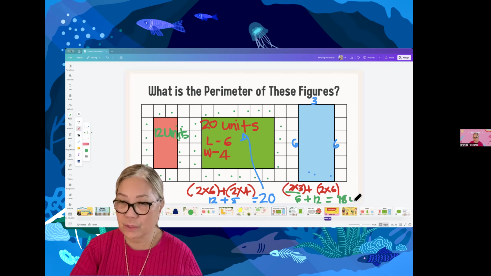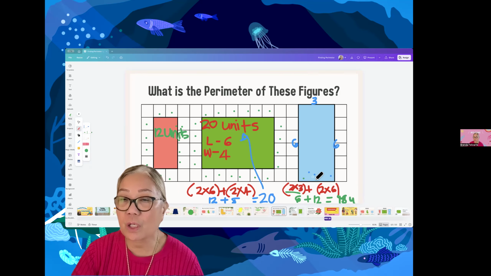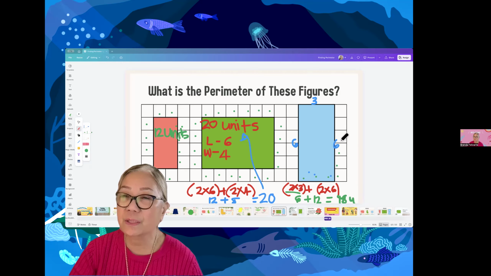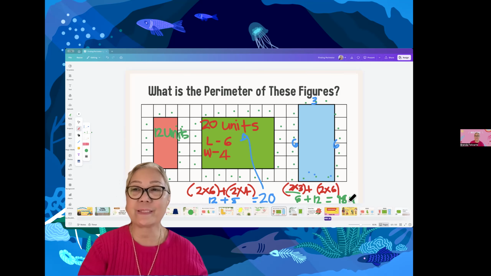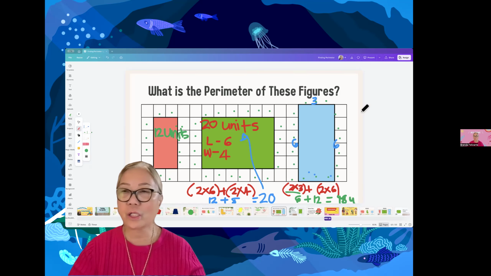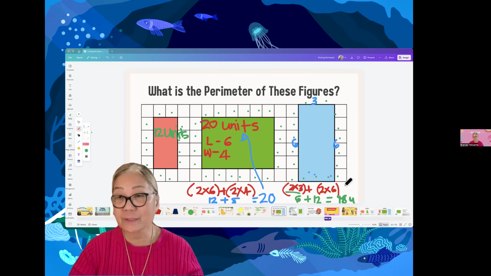18 units. All right, now, if you're just going to count on the sides, 1, 2, 3, 4, 5, 6, 7, 8, 9, 10, 11, 12, 13, 14, 15, 16, 17, 18. So that's still the same, 18. You add all the sides, 3 plus 3, 6 plus 6, 12 plus 6 is 18.